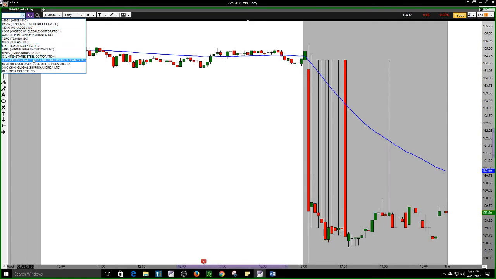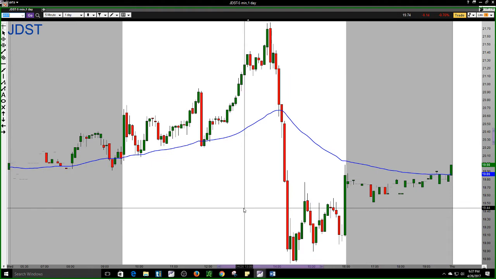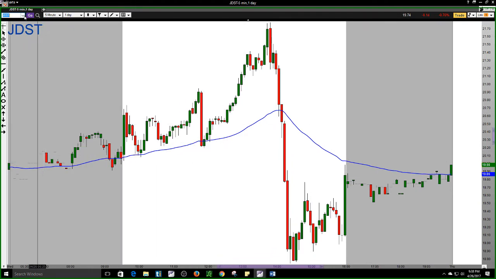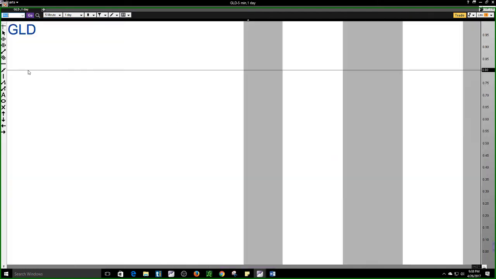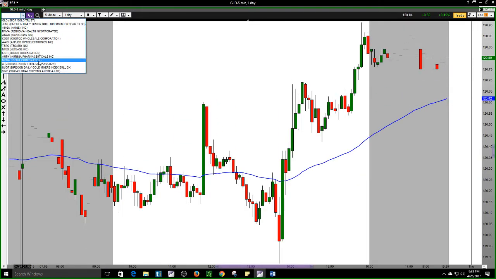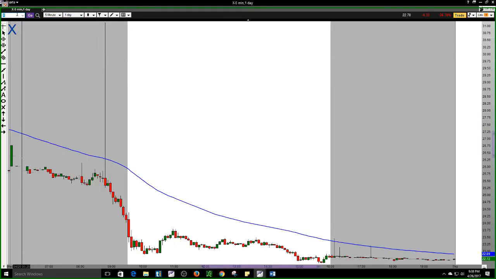Okay, EMG didn't have any movement. JDSD, look. Right here, right here, right here. I mean, it is seriously catching some areas almost to the penny. Let's take a look at how many charts we can see like this. It's very interesting. Sometimes you might find something that you had no idea existed.